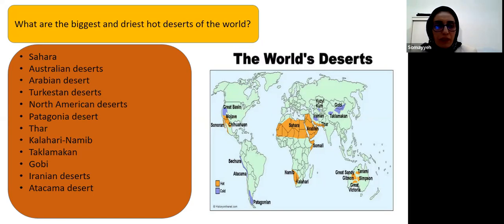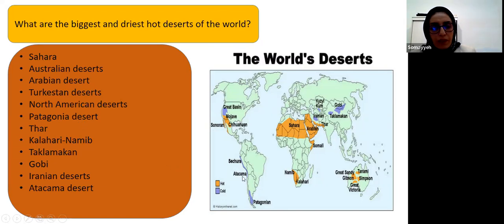The biggest one is the Sahara Desert in Africa, then the Australian Desert, the Arabian Desert, which includes the areas of Jordan, Syria, and Israel, the Turkestan Desert, of which two famous ones are Kyzylkum and Karakum, the North American deserts, including the Mojave Desert, Sonoran Desert, and Chihuahuan Desert.